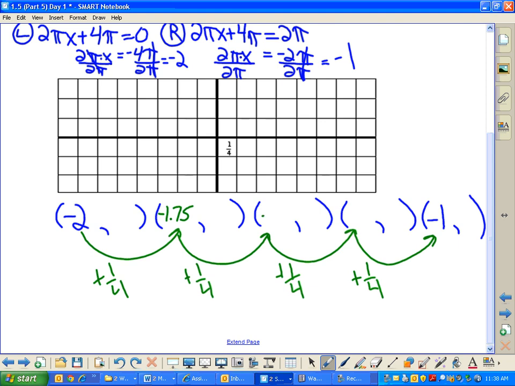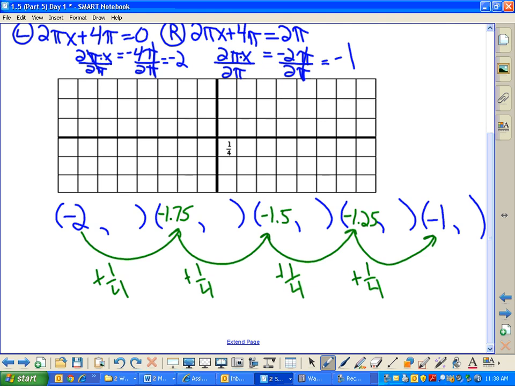Add on a 1/4 again, you're at -1.5. Add on a 1/4 again, you're at -1.25. And add a 1/4 again, you're at -1. So it makes sense. By adding on a 1/4, I did get from the left endpoint to the right endpoint. So that lets me know I did that part correctly.